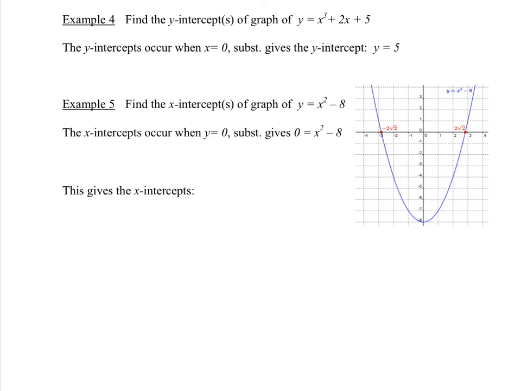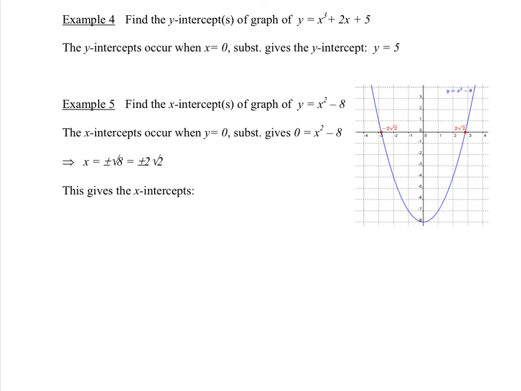Instead of y equals x squared minus 8, we have 0 equals x squared minus 8. And then, if we try and solve that, it's fairly easy to do. We just take the negative 8 over to the other side and take the square root, and we get x equals either positive or negative the square root of 8.